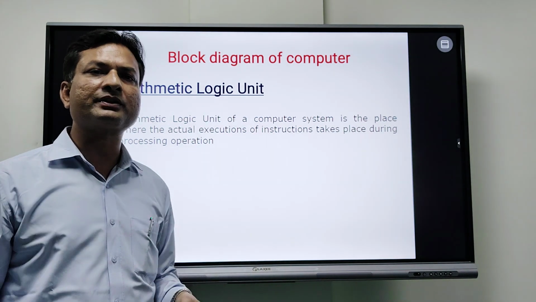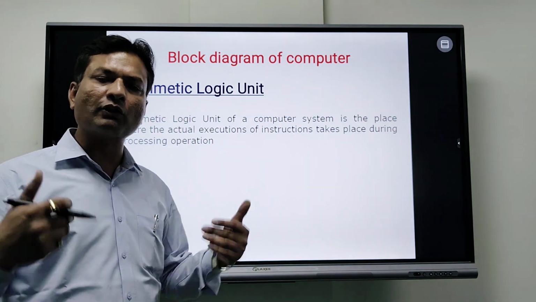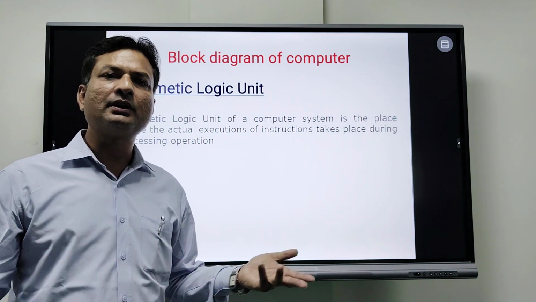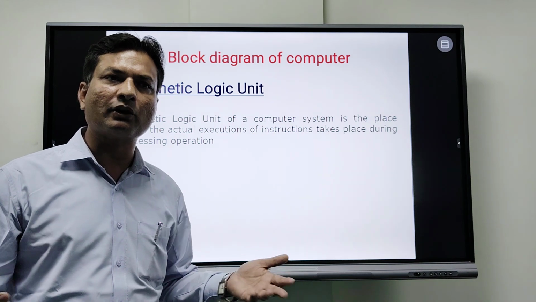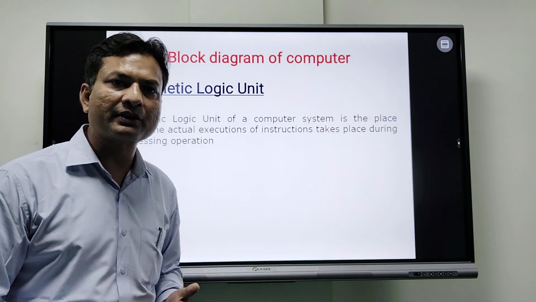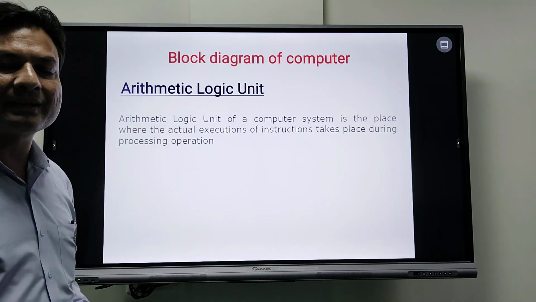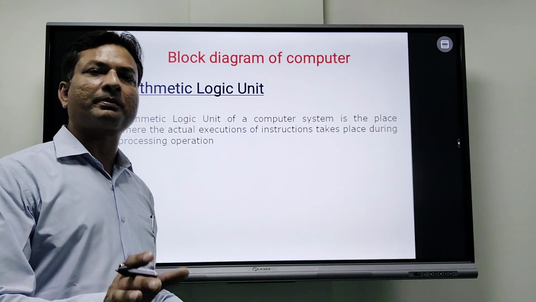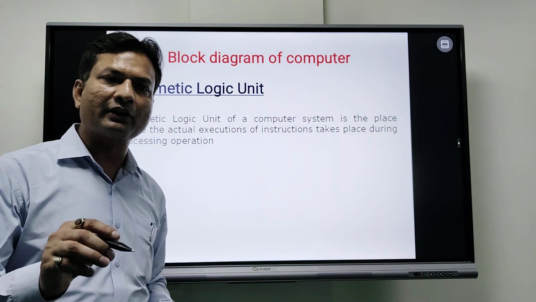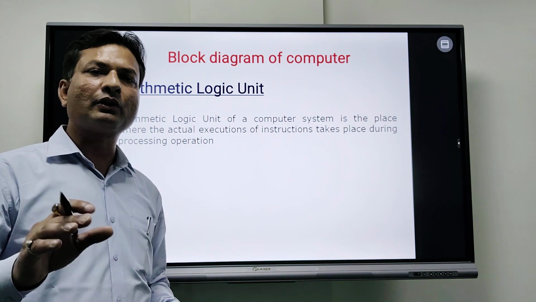There are only two kinds of operations that we perform. We human beings also perform these two operations. We do not require any other operation in terms of processing. So the ALU also performs these operations: first arithmetic operations, second logical operations.